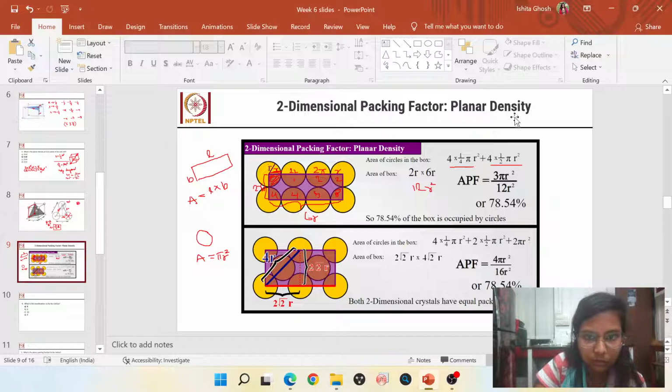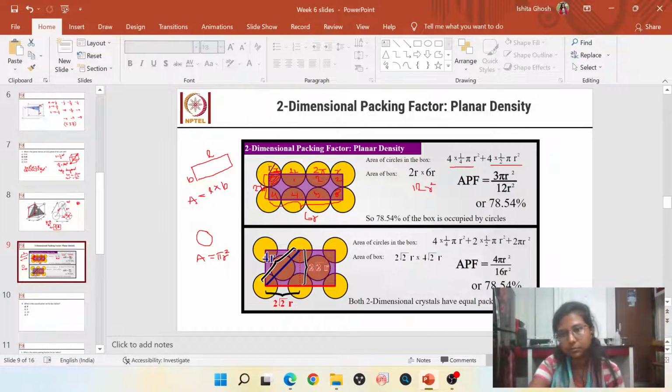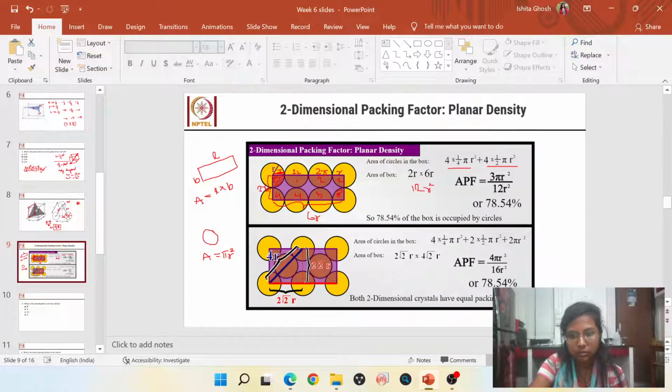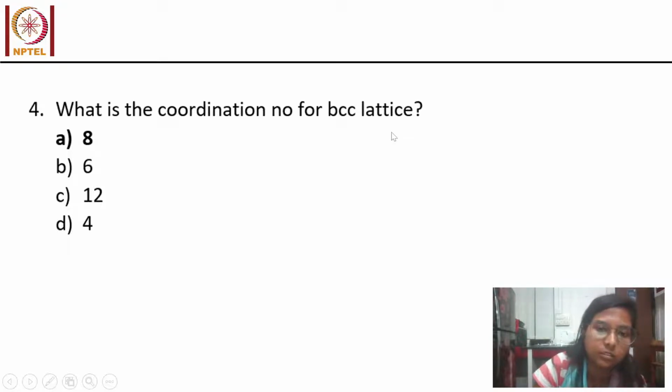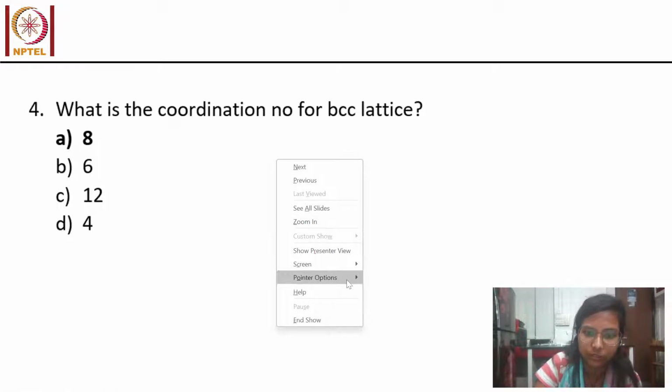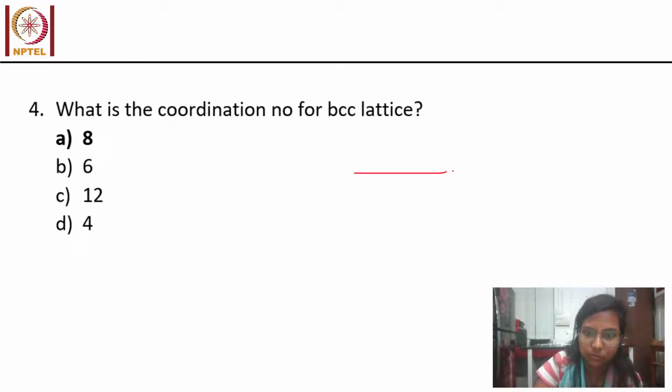so we discussed about the planar density part. So then we had this very easy question: what is the coordination number for BCC lattice? So I hope all of you have answered this, because it is very simple.